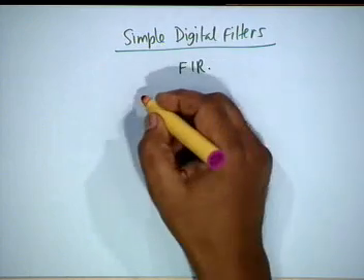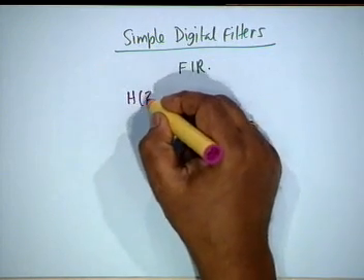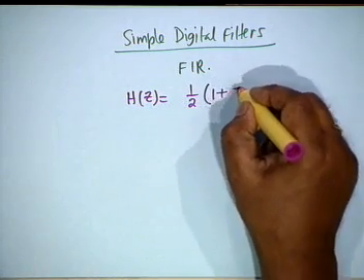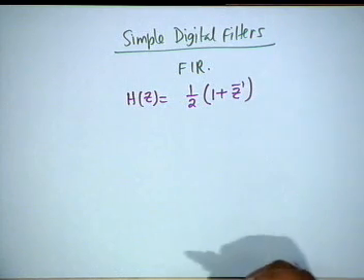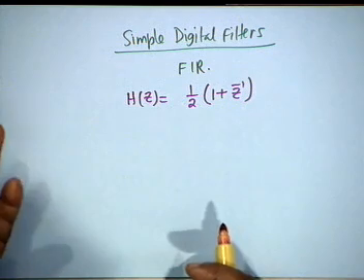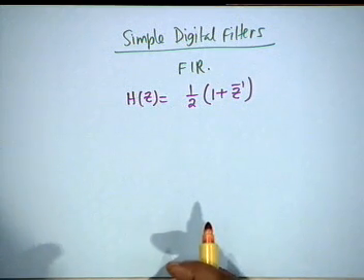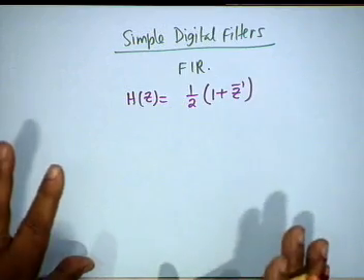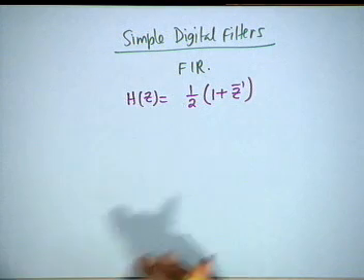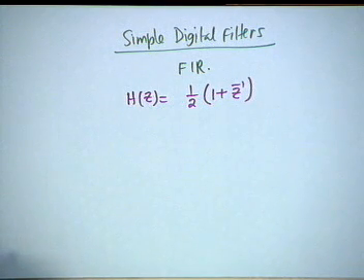And let us consider first a function like half, 1 plus z inverse. Any FIR system will be a filter. Any system which has a frequency response will favor some and reject others. So, it is a filter. What kind of filter is this?